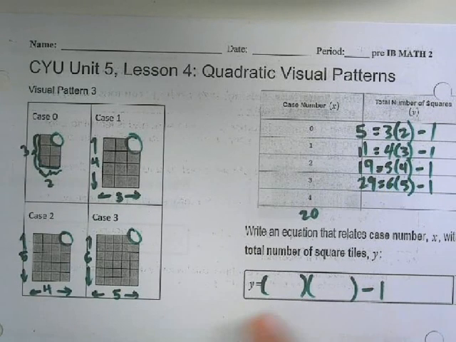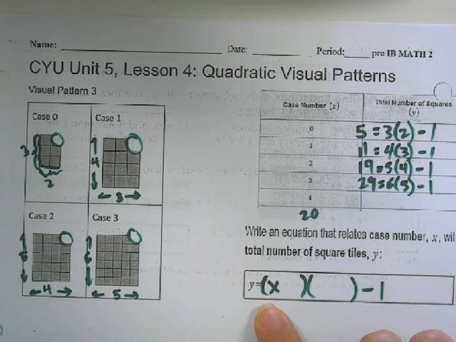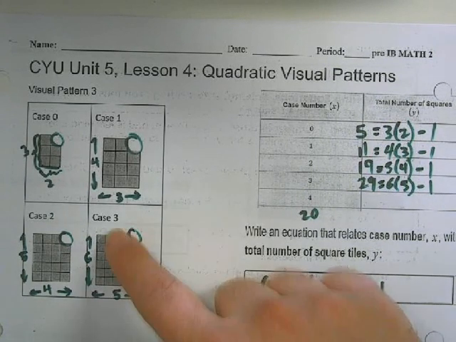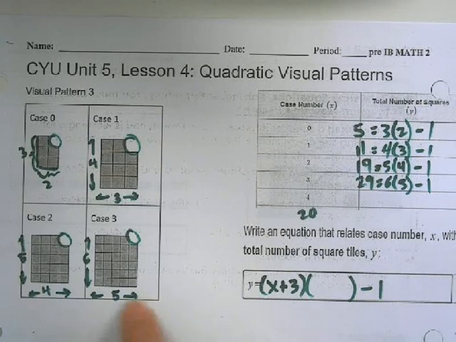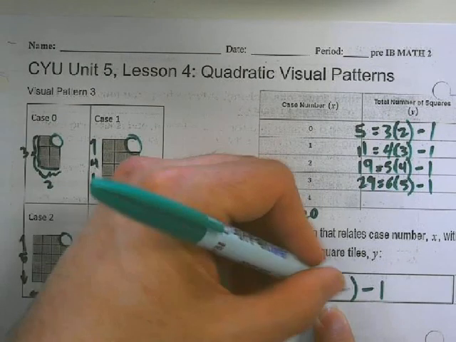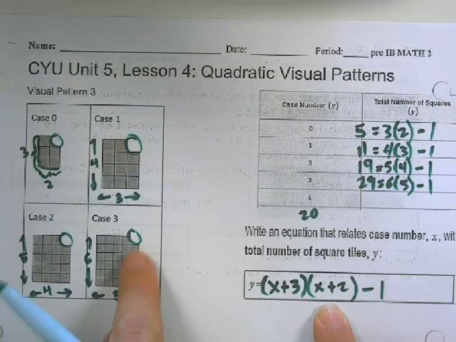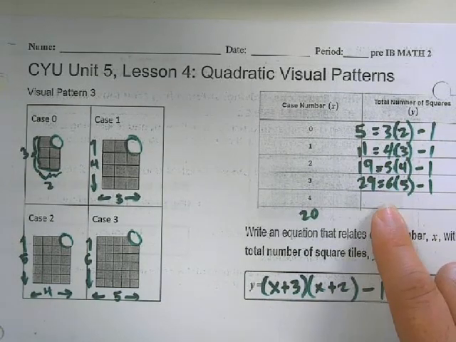So basically, depending on whatever case we have, case x, this is 3 units higher, so plus 3, and this is going to be 2 units higher, plus 2. And we're always subtracting 1. So let's just see how case 4 would be.